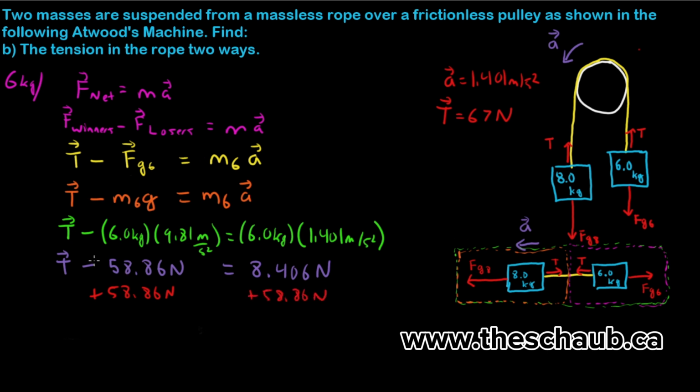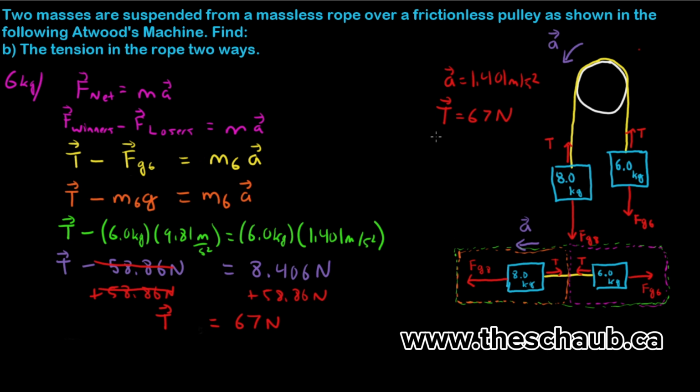So on this side, negative 58.86 plus 58.86 just leaves us with our value of tension, what we're looking for. And this is equal to 8.406 plus 58.86, which is 67 newtons, confirming our answer from our 8 kilogram system. So we've now solved part B, find the tension in the rope 2 different ways.